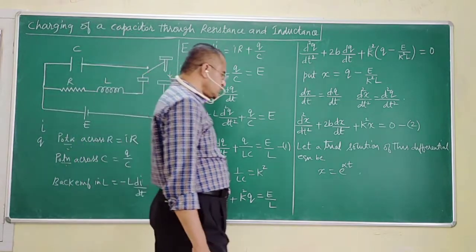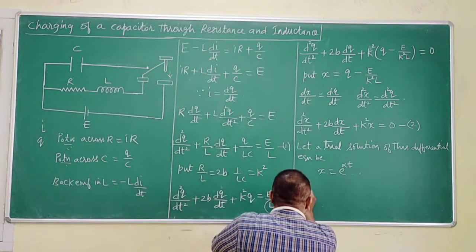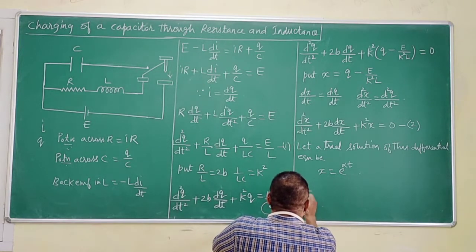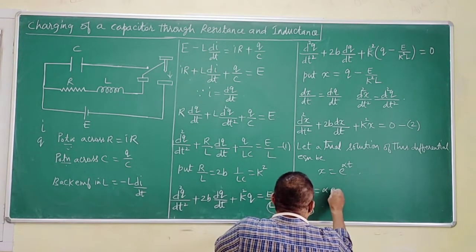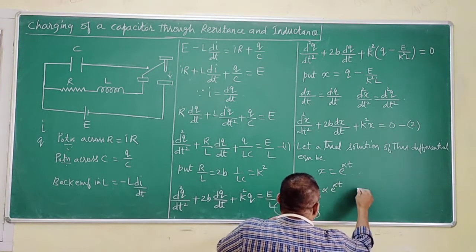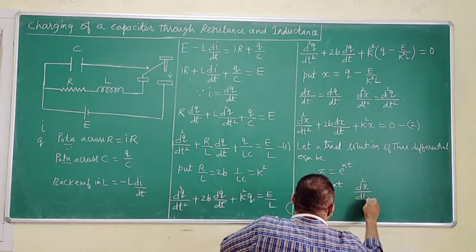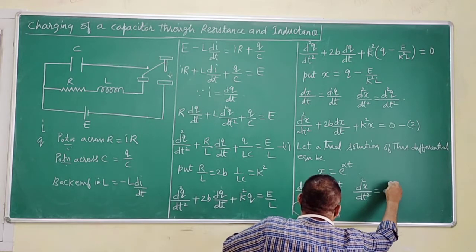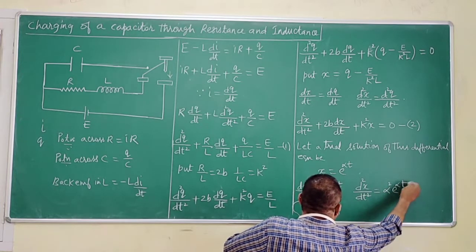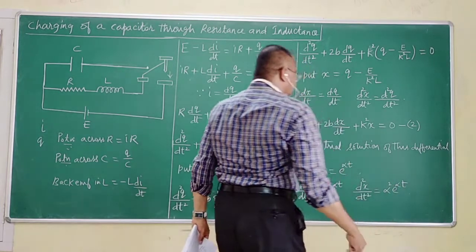If x is equal to e power alpha t, dx by dt will be alpha e power alpha t, d squared x by dt squared is alpha squared e power alpha t. Agreed, sir?